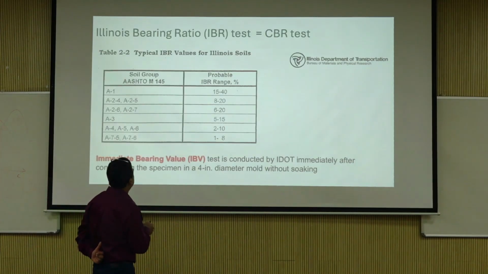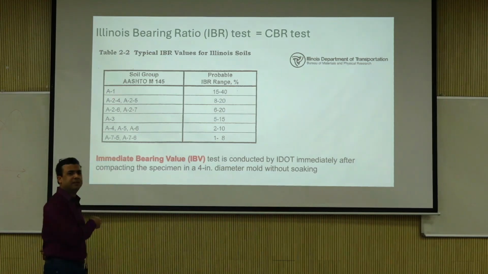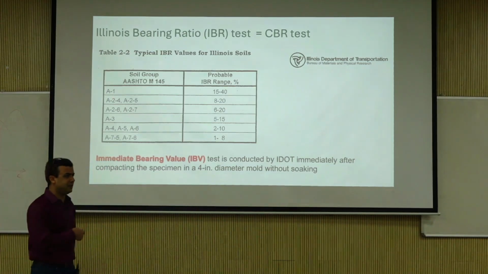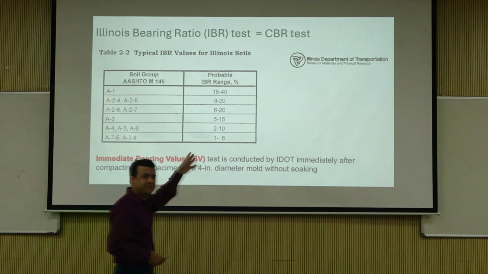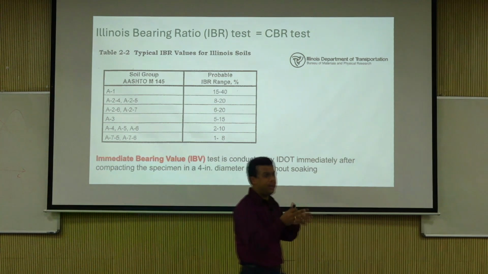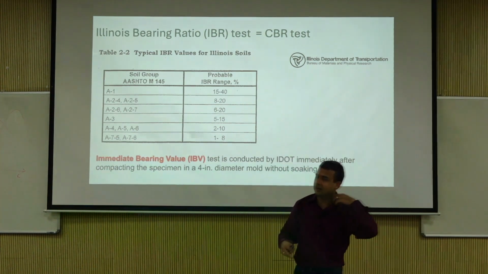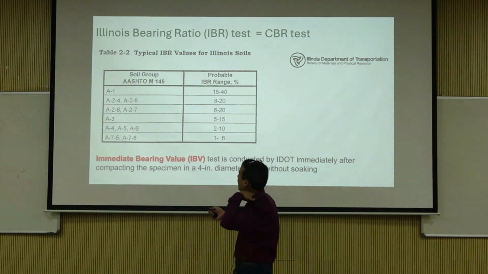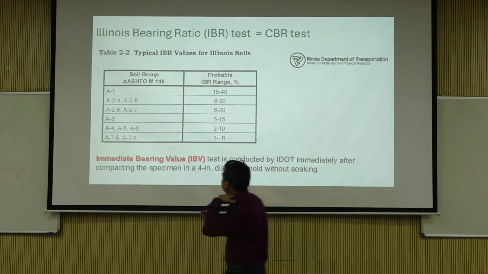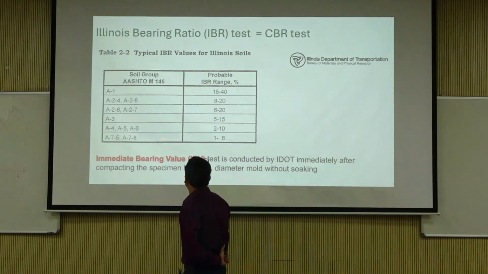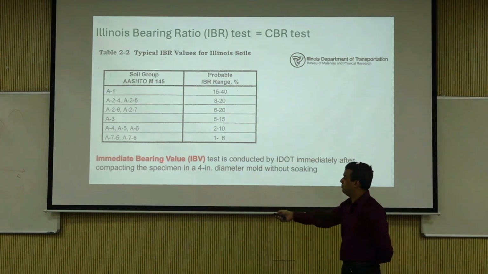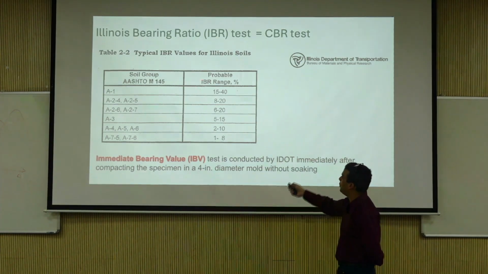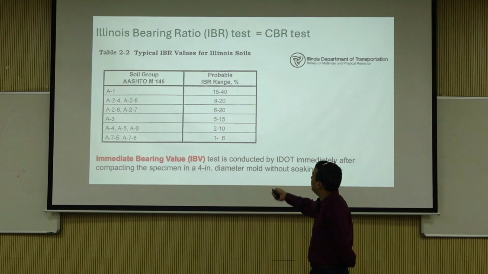Soil groups, some people have A1, A2. I mean, they learn AASHTO classification as well, right? Most of them, yes. So this is AASHTO classification, not USCS, the Unified Soil Classification System. AASHTO is the other one that was used in America. A1, A2, A3 are the granular, and A5, A6, A7 are the fine-grained soils. But bottom line is, IBR is what Illinois came up with, the Illinois bearing ratio, and then they just had ranges.